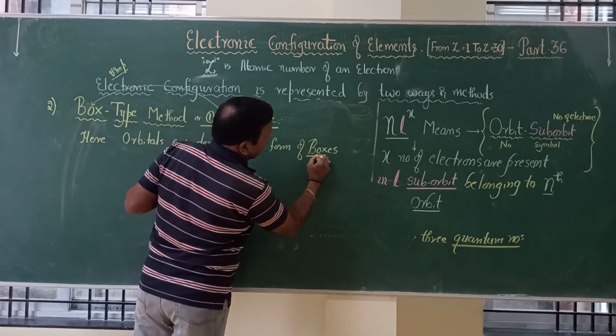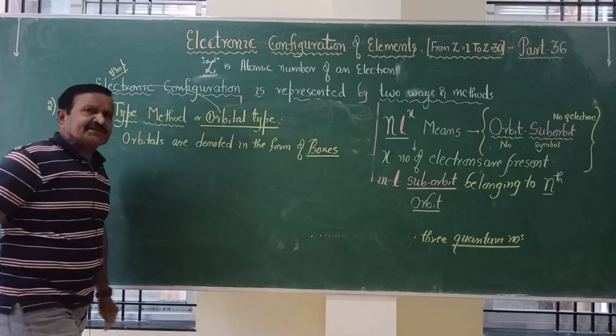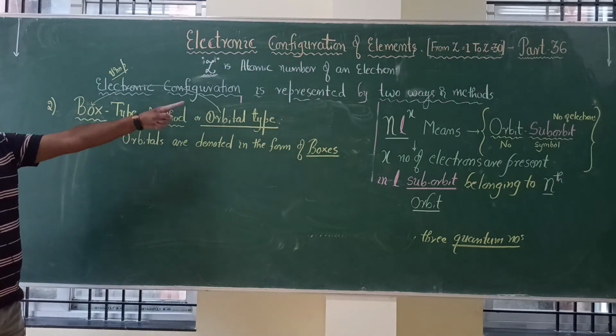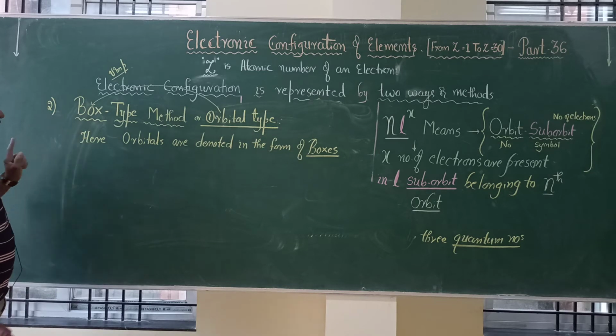How many boxes will be there? That will be the number of degenerate orbitals.